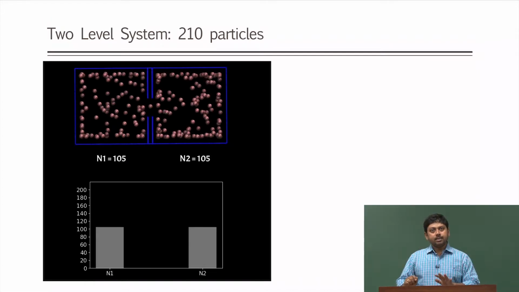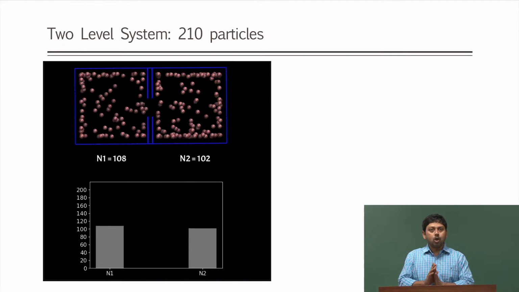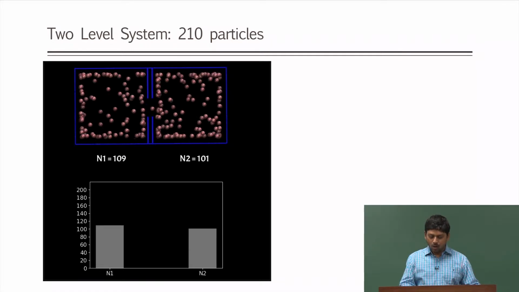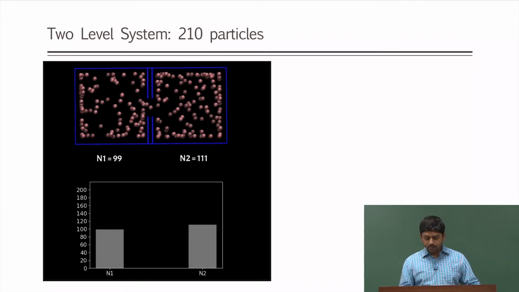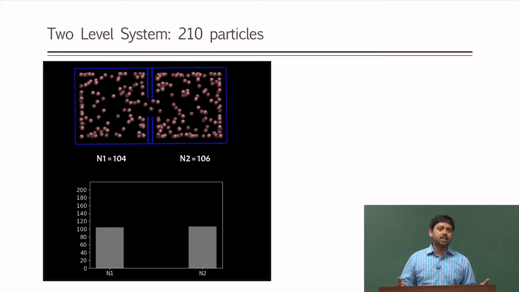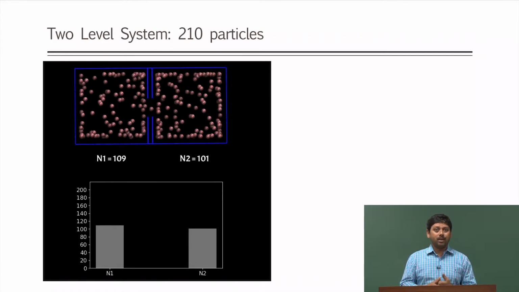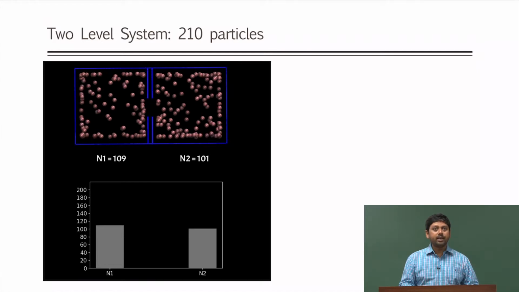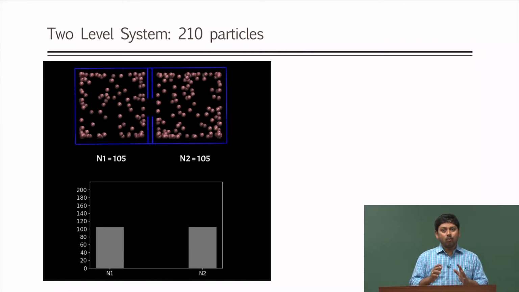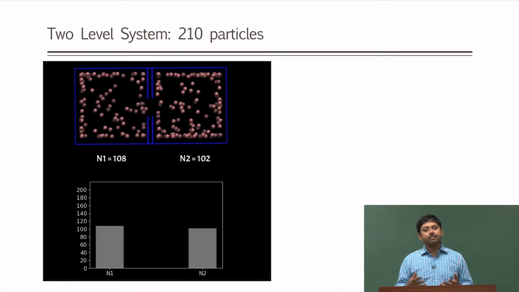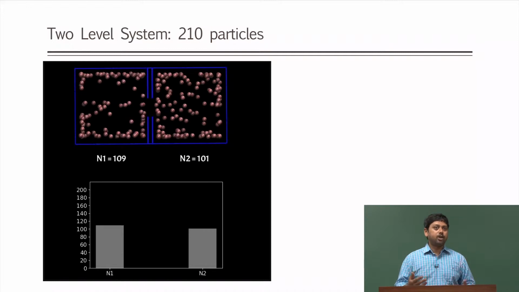This situation is governed only by entropy, because there is no attraction of this box on these particles at all, and these particles do not interact with each other. So there is no reason for the particles to come to this side other than increasing entropy. This clearly indicates that when n1 is 105, the number of possibilities becomes more, and therefore the entropy is more.